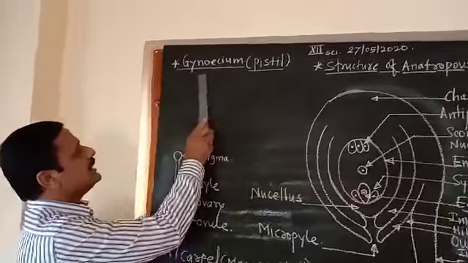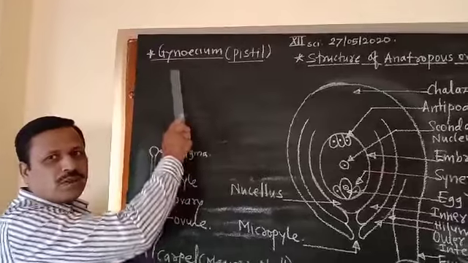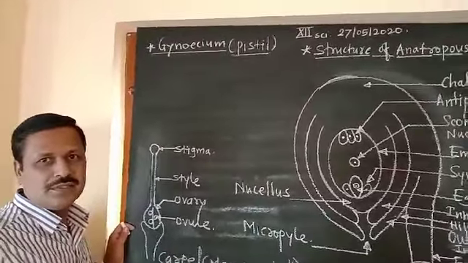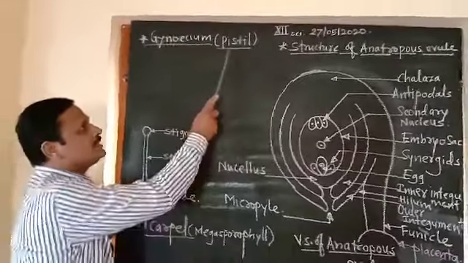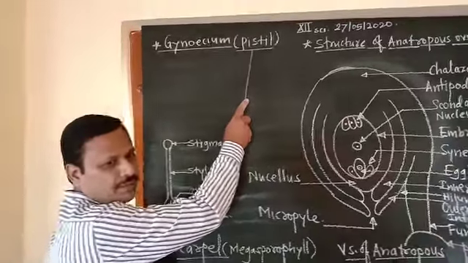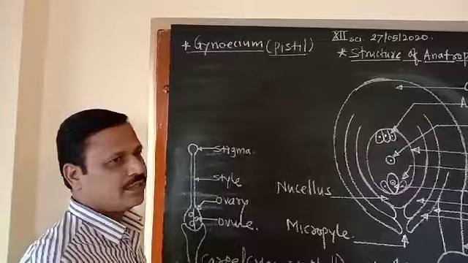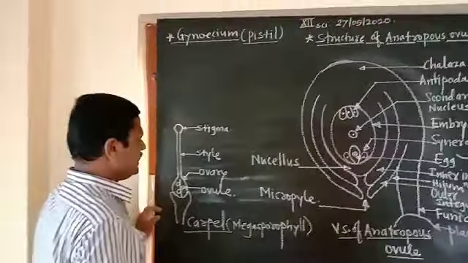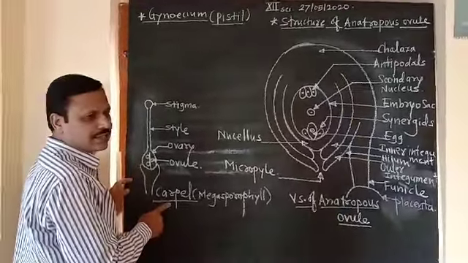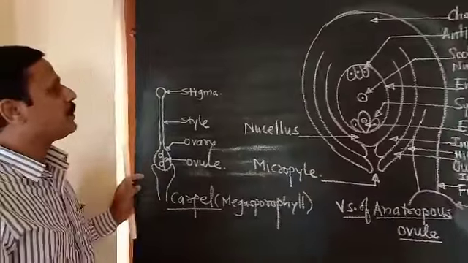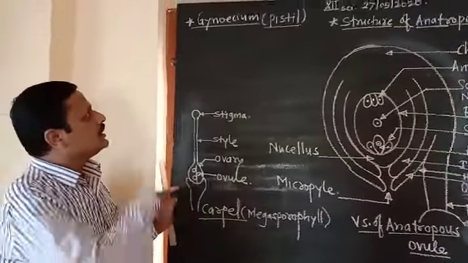Gynoecium is the female reproductive whorl, which is also called pistil. The individual member of gynoecium is called a carpel.